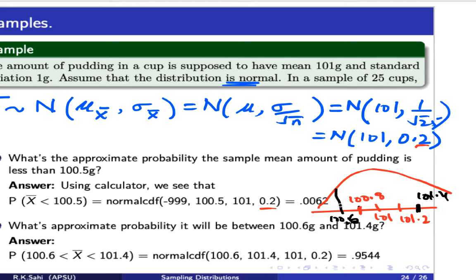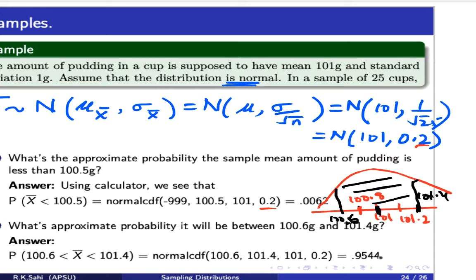So we would like to know the probability that this sample mean for the pudding is going to be here. Notice that this is 2 standard deviations to either side of the mean. If you remember your empirical rule, it says that there are 95.44% of the data within 2 standard deviations of the mean.